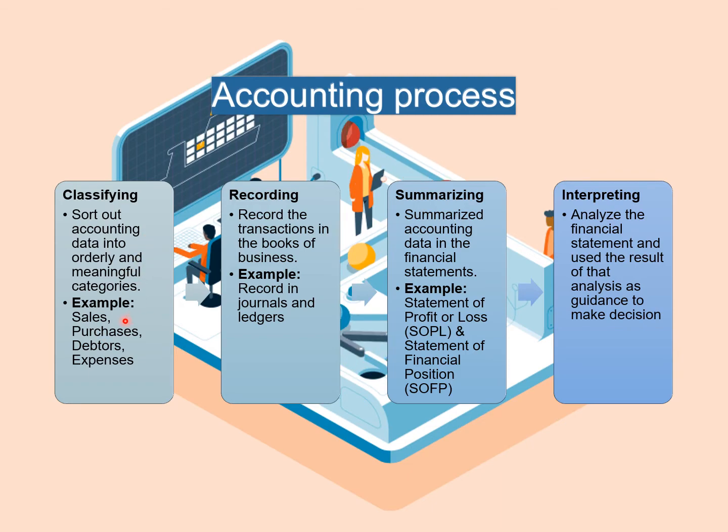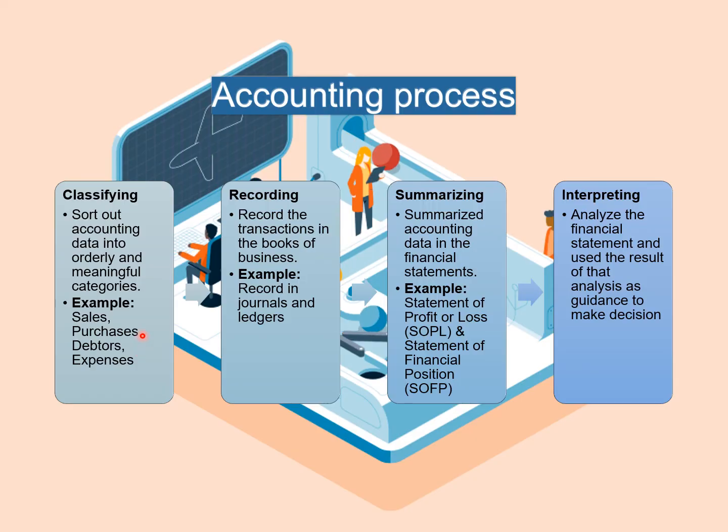So for example, all the sales kita akan sort according to the sales data. Okay, sales record, and then purchases record kita akan sort dalam purchases. Okay, semua debtors kita akan sort dalam debtors, and semua expenses kita akan sort as expenses.